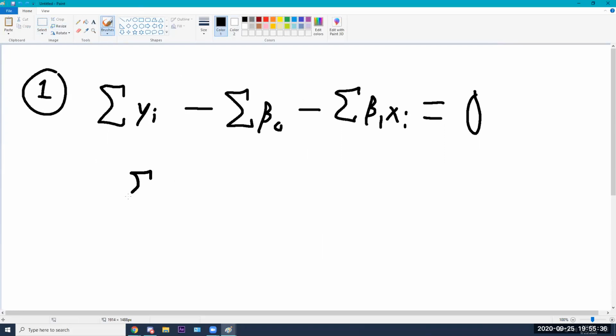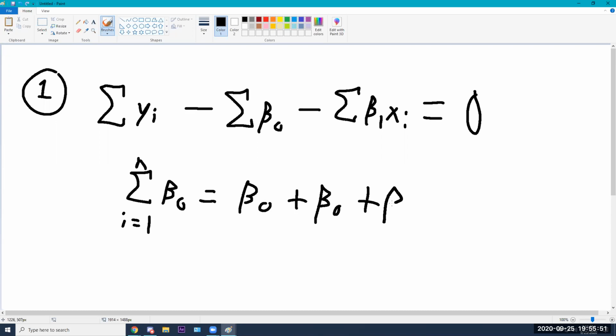Well, the sum from i equals 1 to n of beta naught is beta naught for i equals 1, and then for i equals 2, again beta naught, for i equals 3, beta naught, and so on.